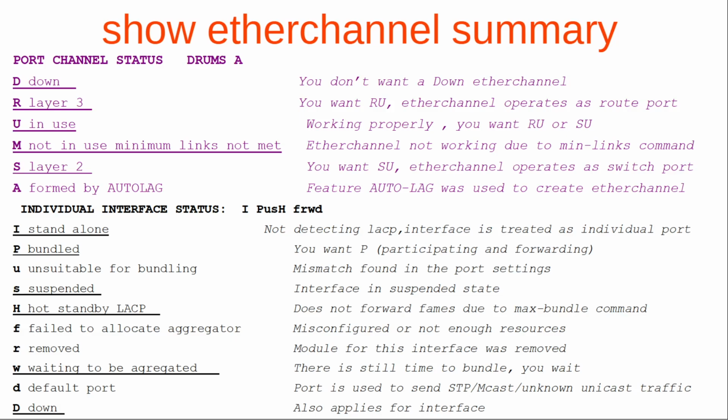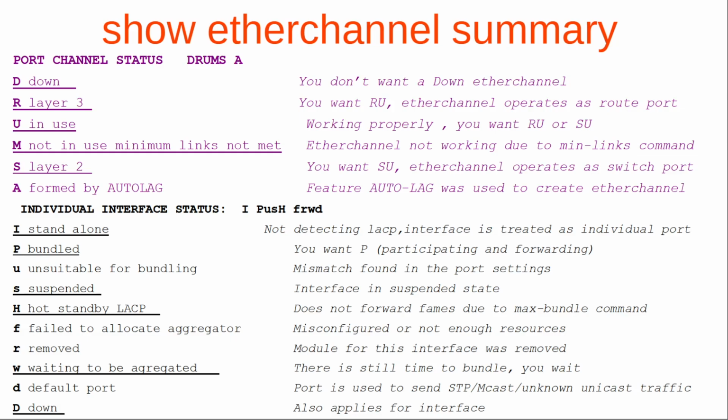Now, regarding individual interfaces, if you see the capital I, that means that interface is not part of the EtherChannel because it didn't negotiate anything with the other switch. If you see the capital P, that means that interface is part of the EtherChannel.